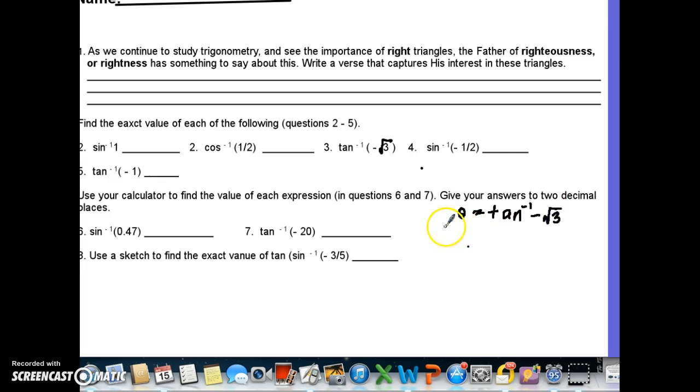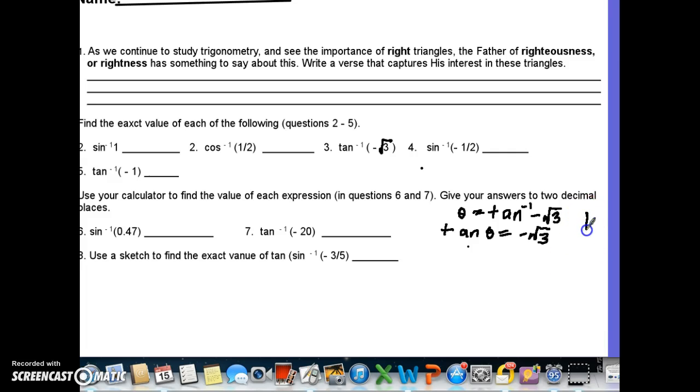In other words, tan of the angle is equal to negative root 3. That's pretty much what this means. It means that we're looking for the angle whose tan is negative root 3, and that's what theta is. Theta is that angle. So we have to say, okay, the tan is going to be negative, and so what quadrant are we looking at?